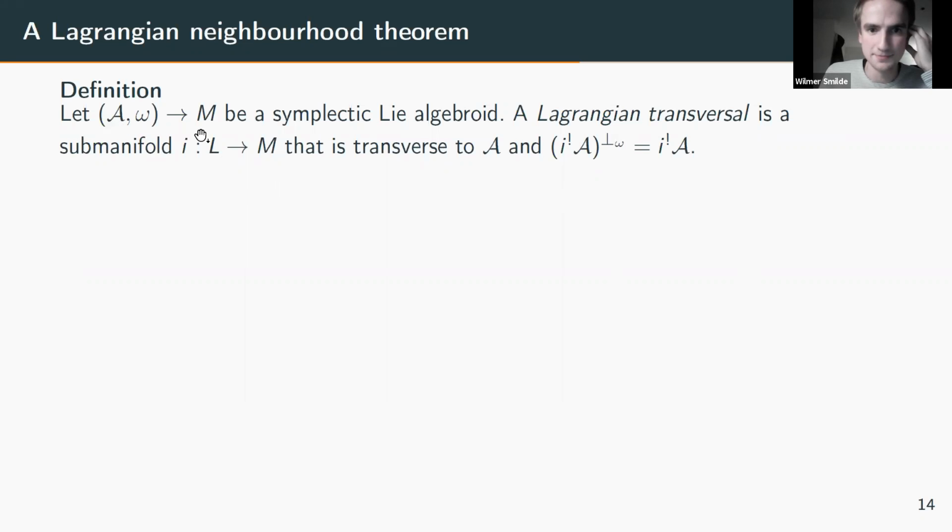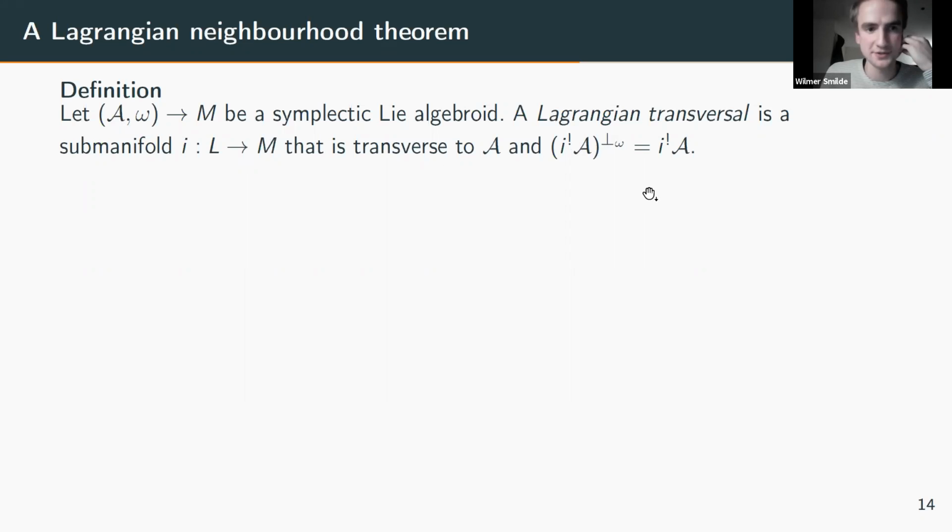So if we start with a symplectic Lie algebroid, which just means a Lie algebroid A with an algebroid 2-form that is closed and non-degenerate, then a Lagrangian transversal is just a submanifold of M that is transverse to the anchor, and the pullback of the algebroid is a Lagrangian subbundle of our algebroid itself.